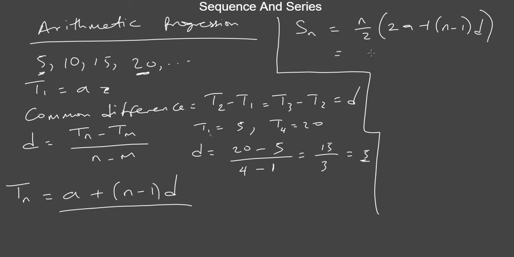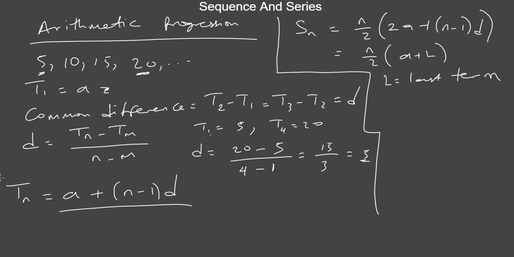You can also write it as n over 2 into bracket a plus l, where l equals the last term. This second formula applies in a case where you have a finite sequence, where you know the last term and the first term, and you want to sum all the sequence.